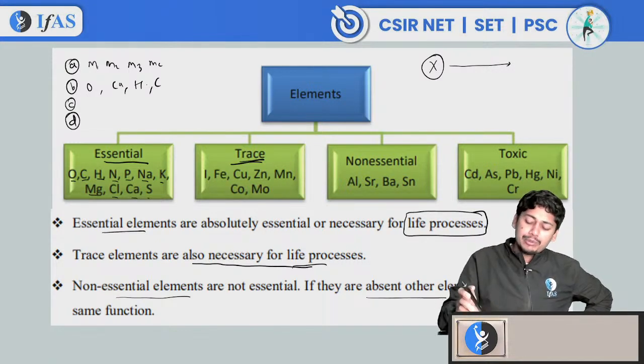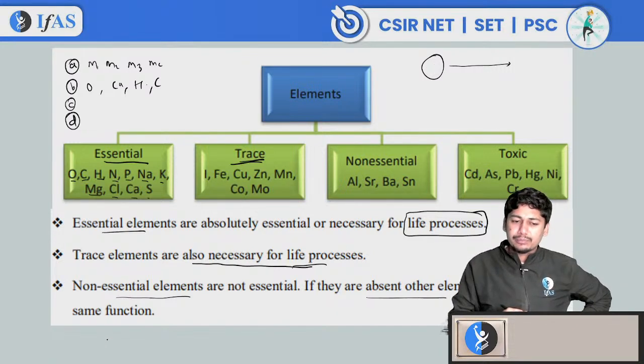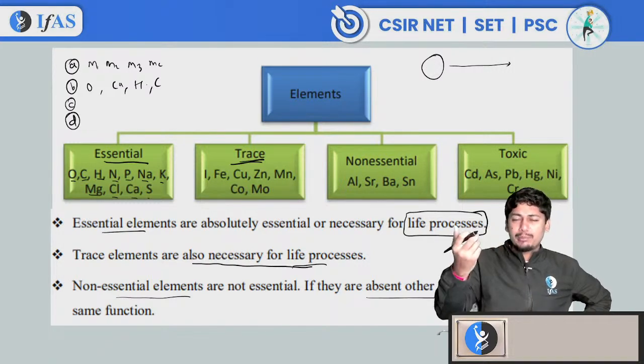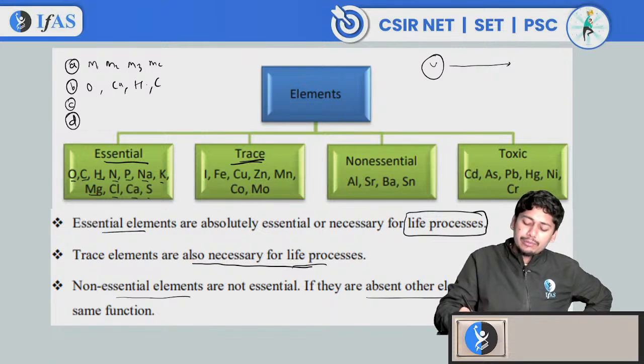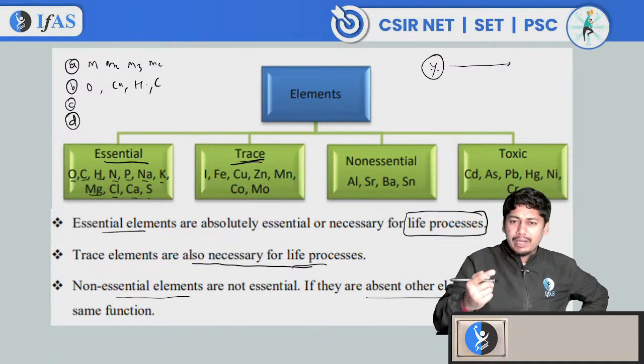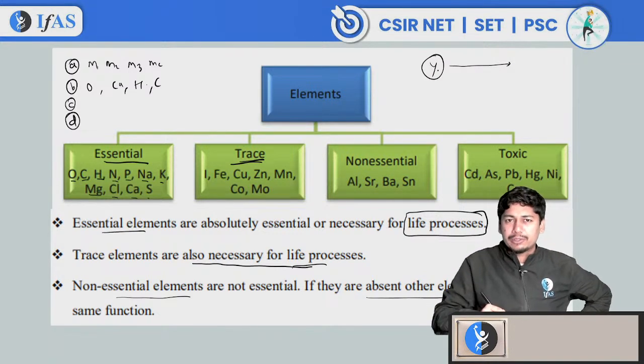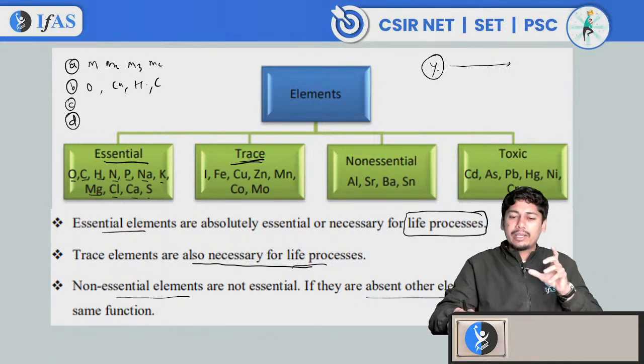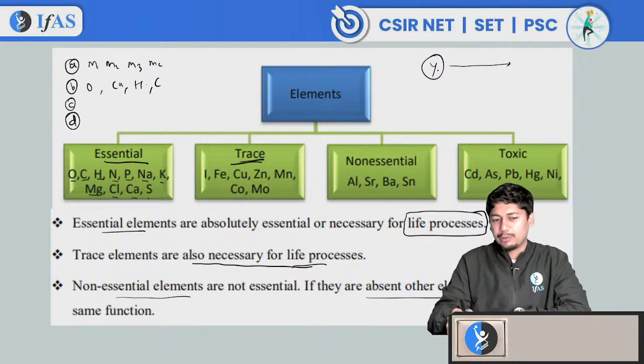But if it's absent, let us imagine some other element, say Y, is present. Now with the help of Y, this process or reaction is carried out. So these are called non-essential elements.